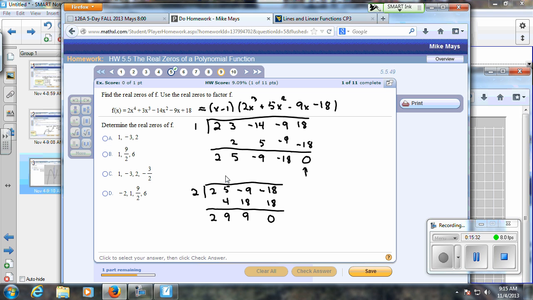So 2 is a solution. So 2 is part of that one, and 2 is part of that one. And the part that's left over now is 2x squared plus 9x plus 9.